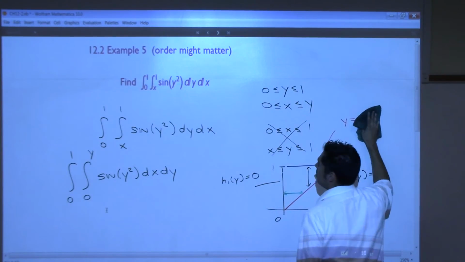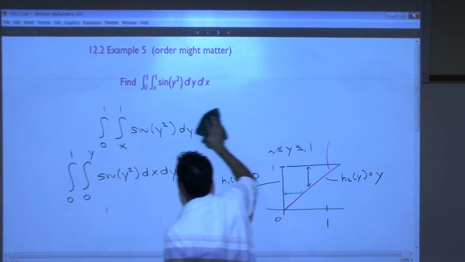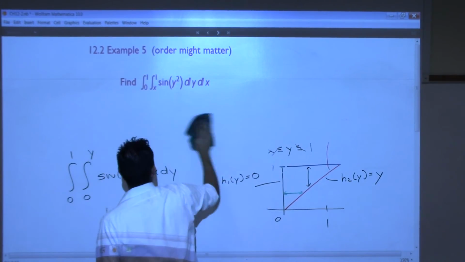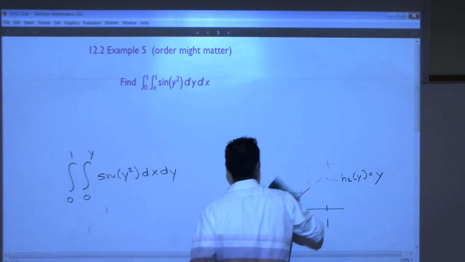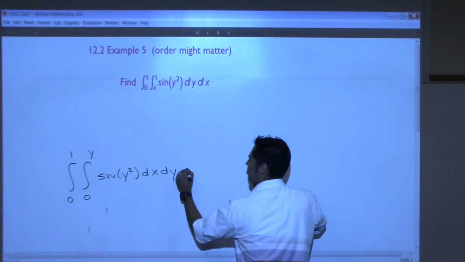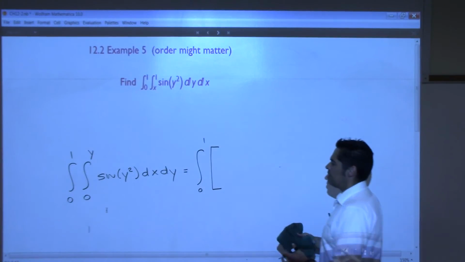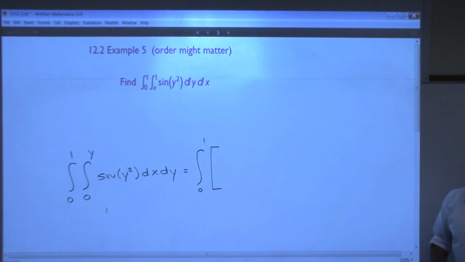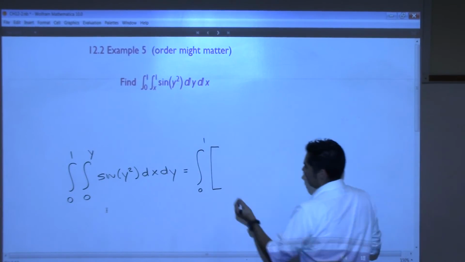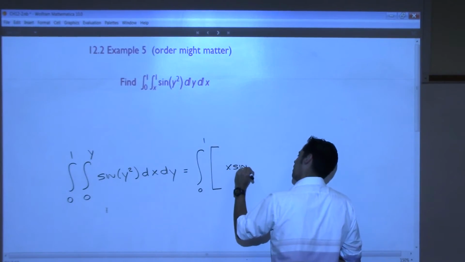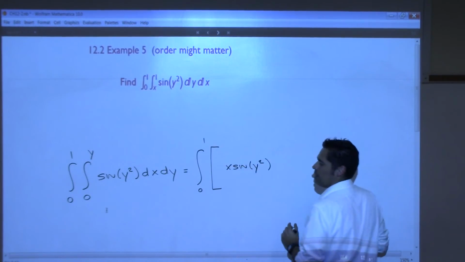All right, so let's do this integration. The antiderivative of sine of y squared with respect to x is x sine of y squared, right?